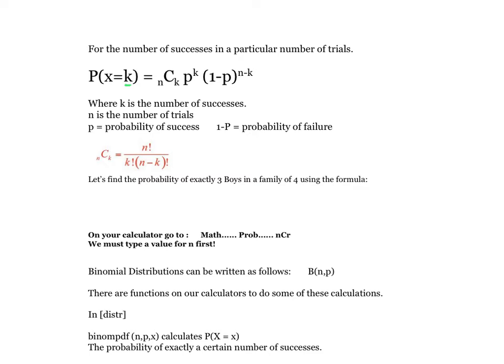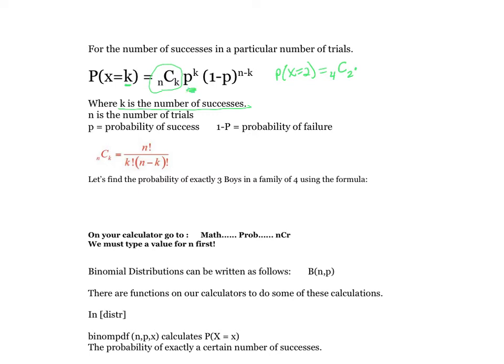So this formula does it, where K is the number of successes. So it'd be like, I want to know what's the chance of having exactly 2 males from the previous problem. The first command is this one, nCk, and n is the number of trials, k is the number of successes. So I want 4 kids, and I want to know the chance of 2 of them being males, and we'll explain what that part is in a second.